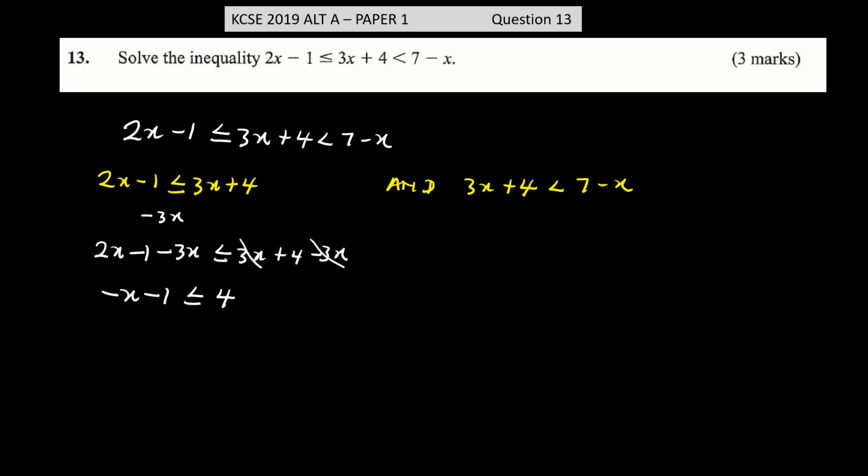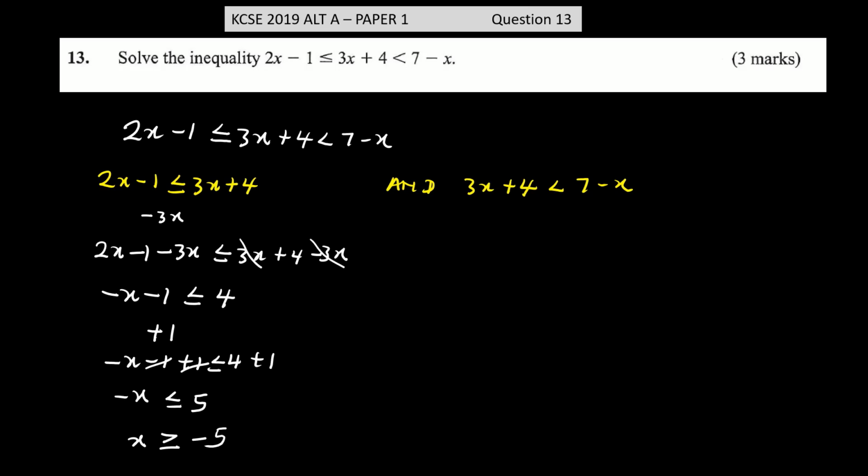To eliminate 1 on the left hand side, let's add 1 to both sides. We have minus x minus 1 plus 1 less than or equal to 4 plus 1. The minus 1 plus 1 cancel each other, less than or equal to 5. And this can turn to x greater than or equal to minus 5.